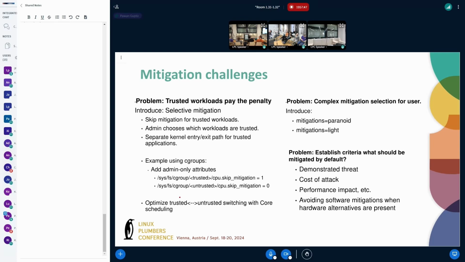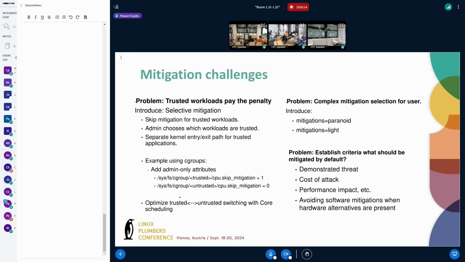So for that, I sent an RFC yesterday that does the selective mitigation. It skips the mitigations for the trusted applications, and there are separate entry and exit paths for the system call.